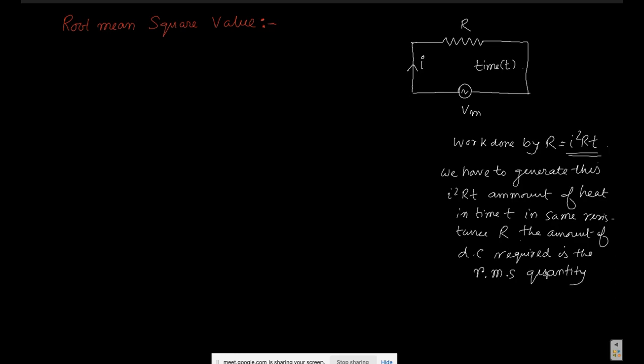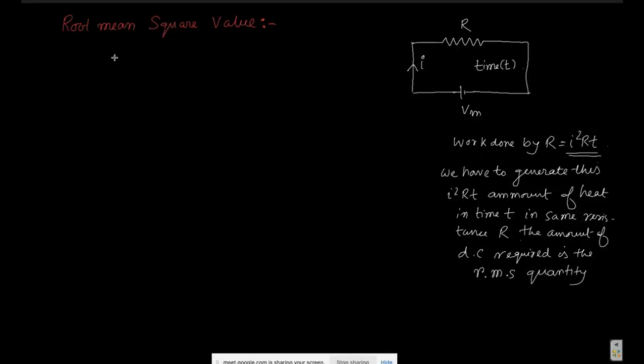So you have to produce that I square RT amount of heat in the same resistance in the same time, but one condition is there, that the source can be replaced by what? By a DC battery. The amount of DC required is nothing but the RMS value of the quantity.